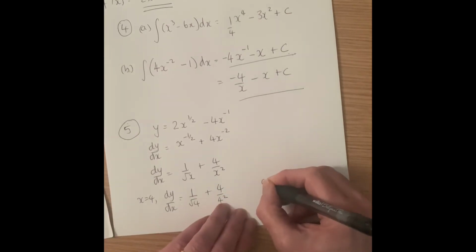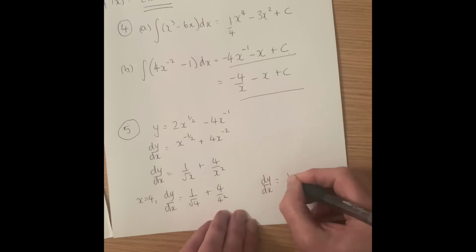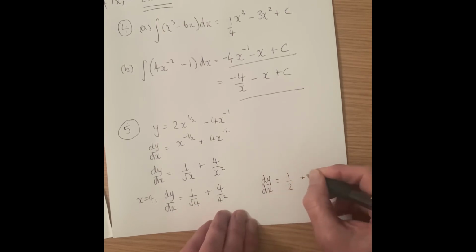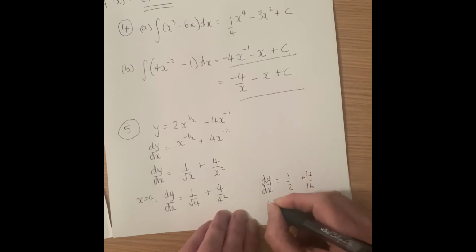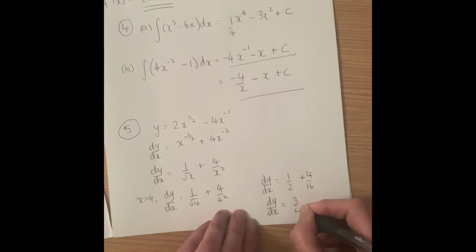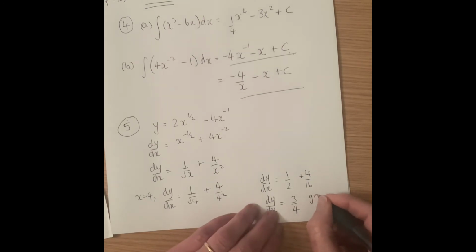So I think dy dx is half plus 4 over 16. So if I put that into my calculator, I know it's 3/4. So I know that that is the gradient of the tangent.